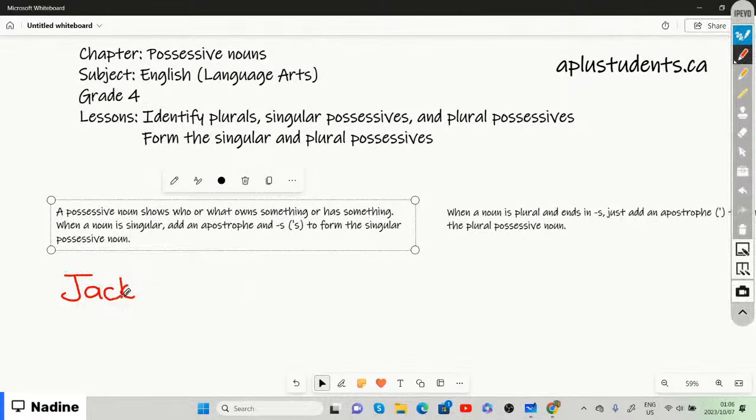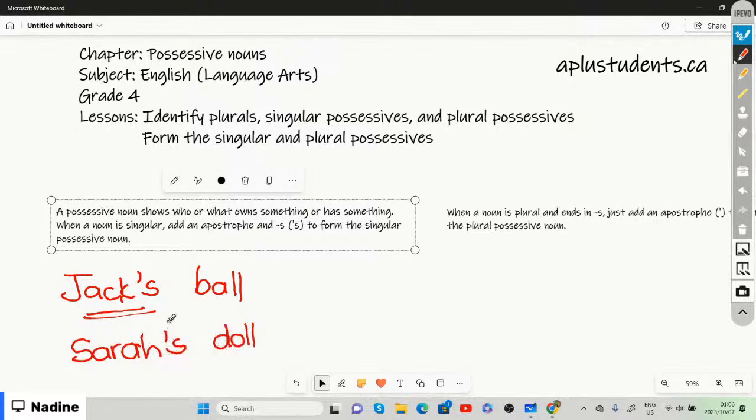So when we say it's Jake's ball, we need to put the apostrophe and S at the end of that word to show possession, right? Now we know that the ball belongs to Jake. If the doll belongs to Sarah, we say it is Sarah's doll.